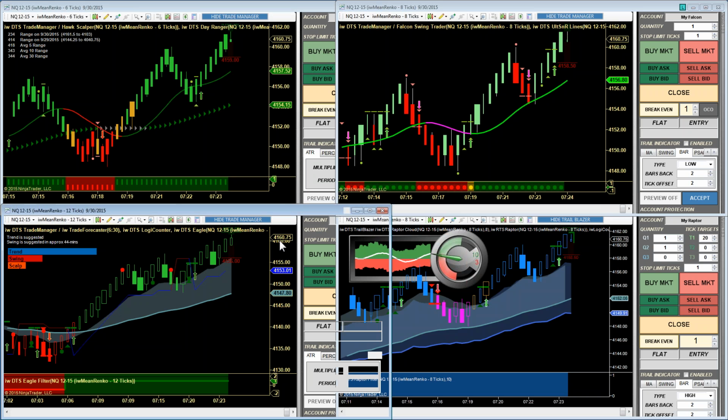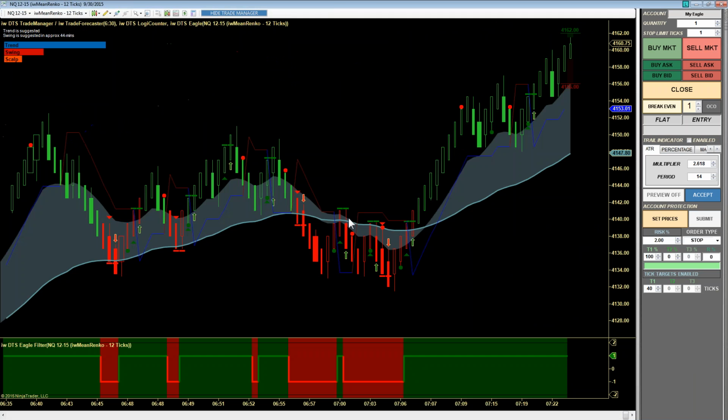The Eagle didn't really give us a signal here, which is a little bit of a surprise given that we're in trend mode. This tool here is the trade forecaster, and it tends to tell you what the current market environment is and what the next one is likely to be. So you can see we're going to be in trend mode for about another 3/4 of an hour, after which it says we're going to move into swing mode, and definitely we are in trend mode today.